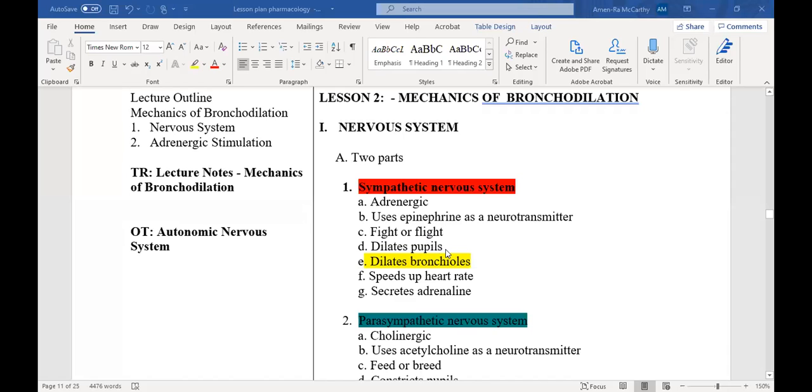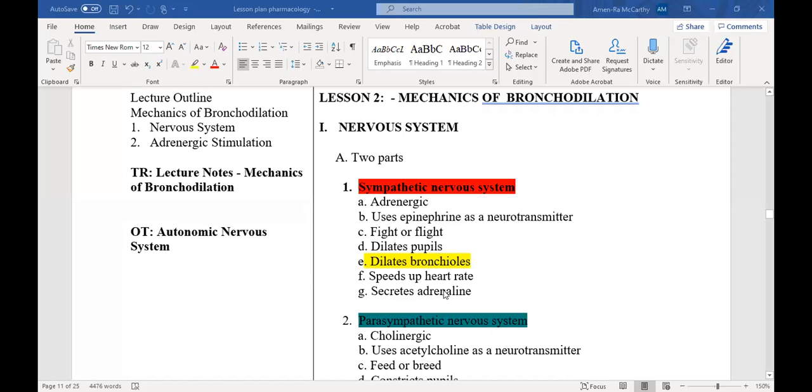I mean, D. Dilates the what? Pupils. So your pupils open up. You feel fight or flight. You're ready to fight or run, right? You fight to the death or run. Guess what else? Your heart rate speeds up and your body starts to secrete adrenaline, okay? All these things are happening when the sympathetic nervous system is activated, okay?